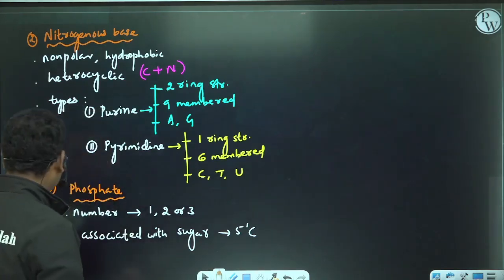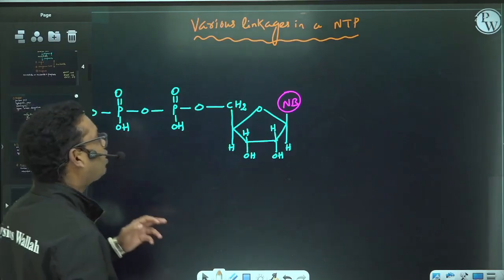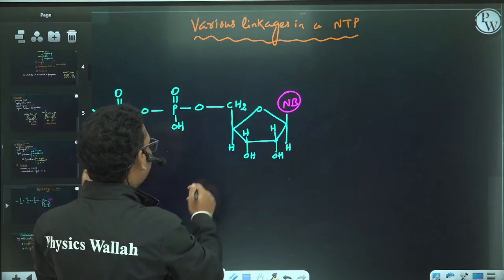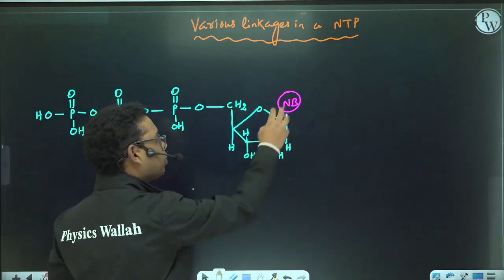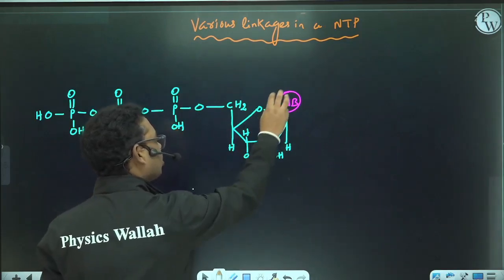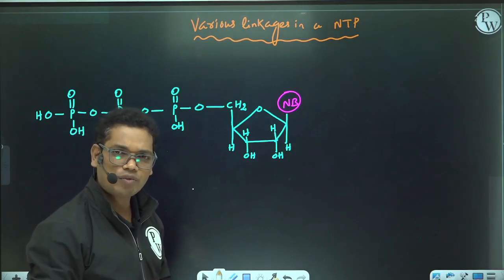Okay, so let me explain the various types of linkages in an NTP, nucleoside triphosphate. So this is a nucleoside triphosphate. This is the nitrogenous base, this is the sugar, and these are the phosphates. Phosphate plus sugar plus nitrogenous base will be a nucleoside triphosphate.